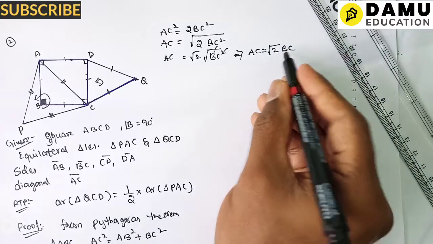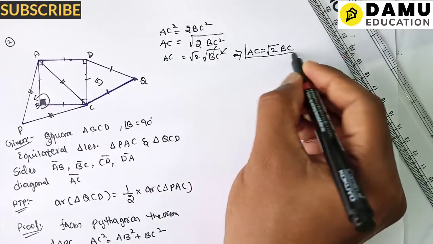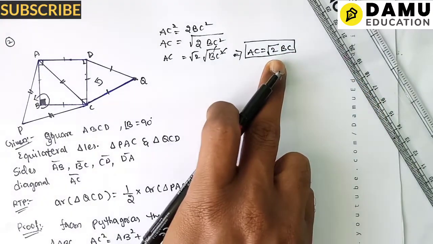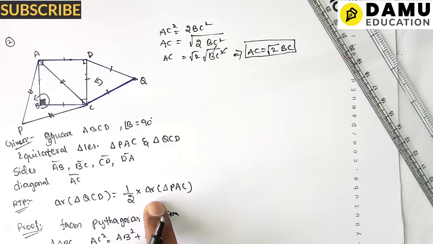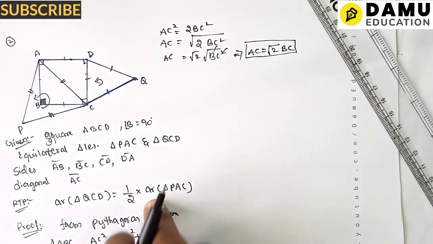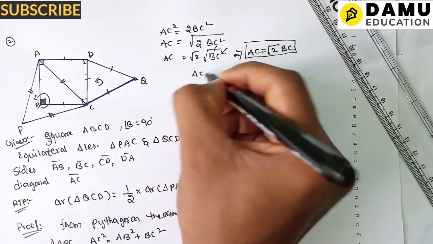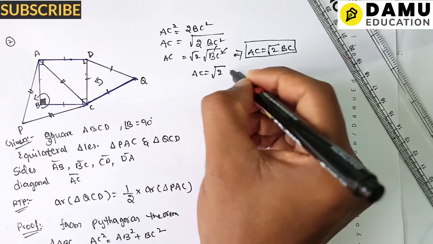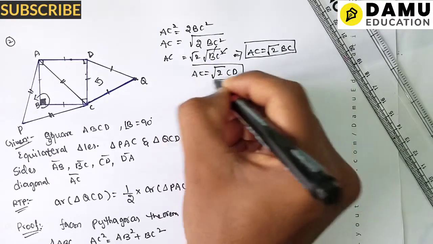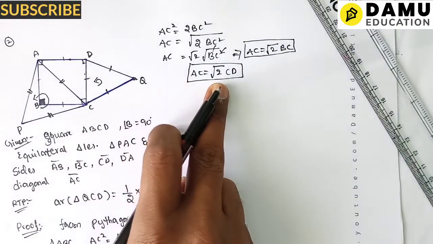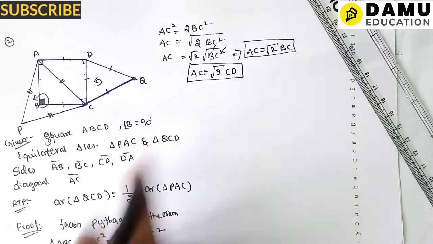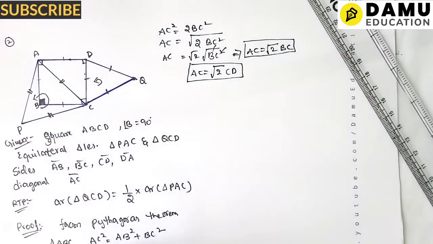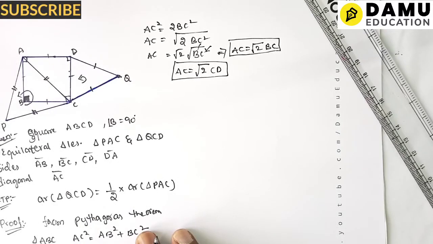That is, the diagonal will be equal to root 2 times any one side. So AC will be equal to root 2 times CD, because all the sides are equal to each other.